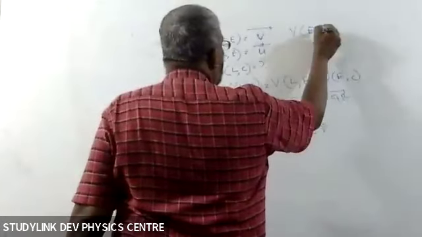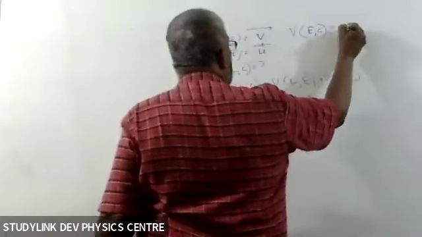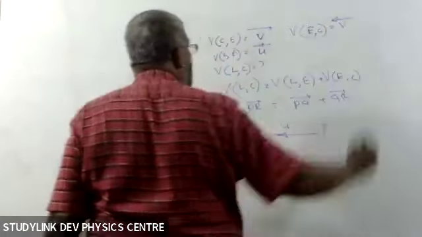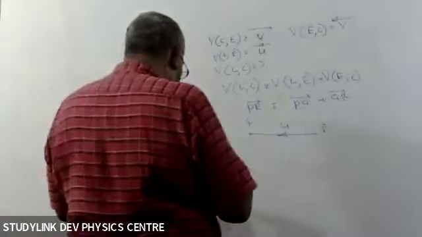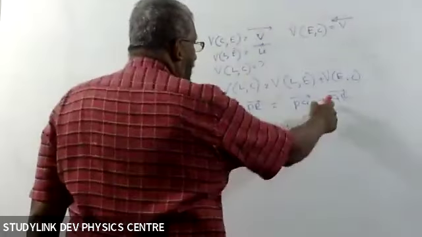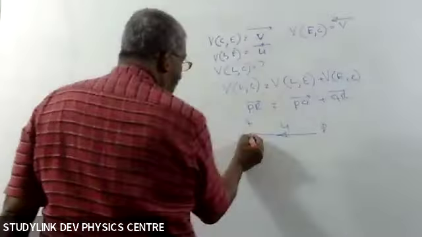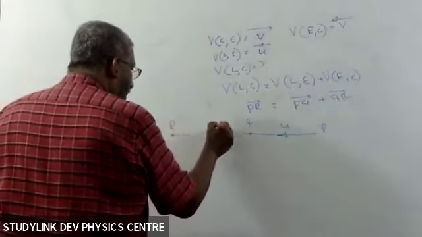VEC is equal to, because I changed the letters, the direction must be reversed, the opposite direction. Then that is V, from P to Q, Q to R is V.